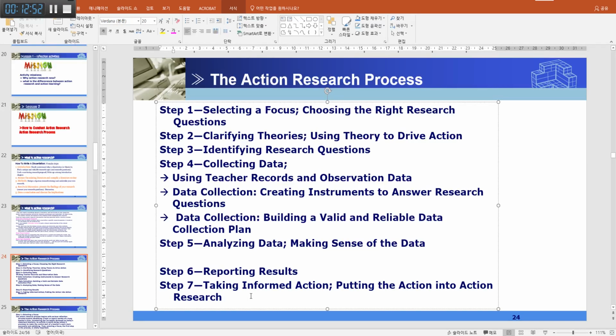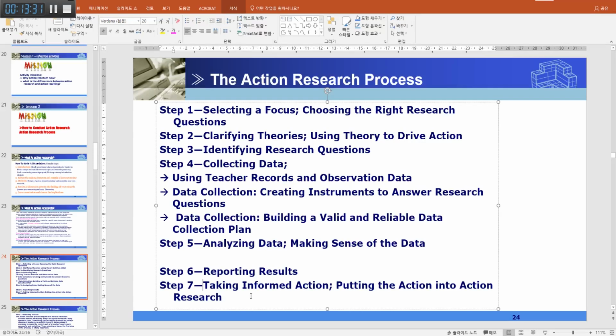It's the biggest difference between action research and other types of research. Action research begins with practice, and based on the action research, you produce some kind of meaning or theory or knowledge. And then the final stage of your action research is to put that theory into action.